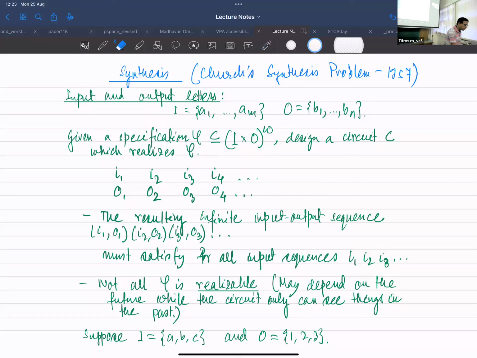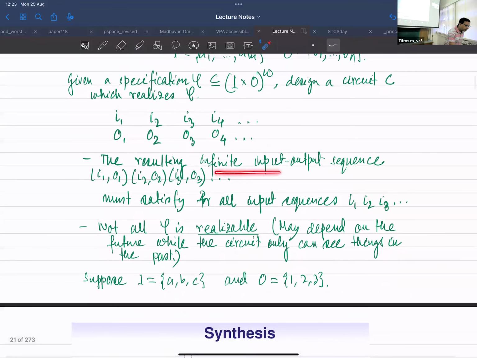I have the inputs I1, I2, I3, I4, and the outputs O1, O2, O3, O4. I want to ensure that the resulting infinite input-output sequence, which is being created like this, satisfies the specification for all such input sequences, right?